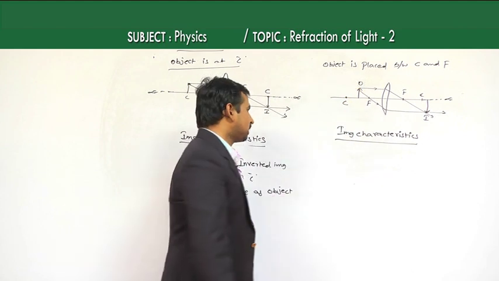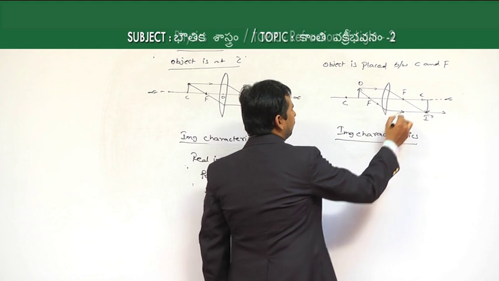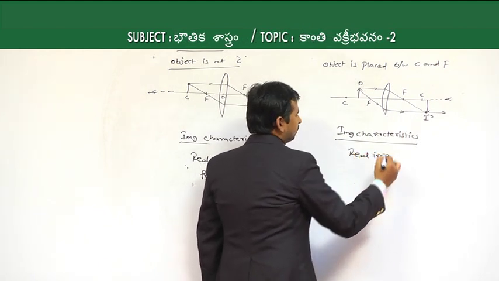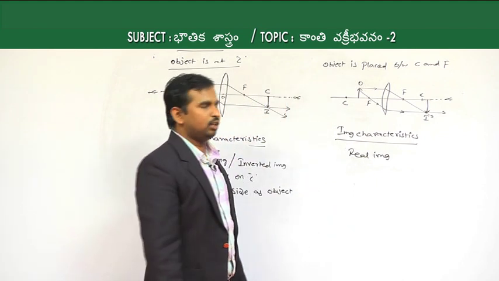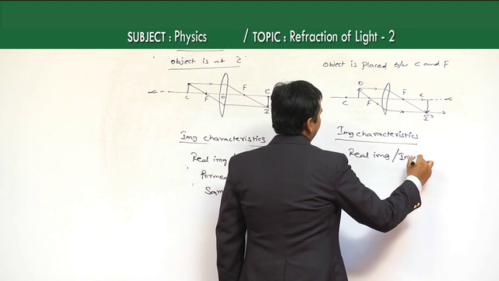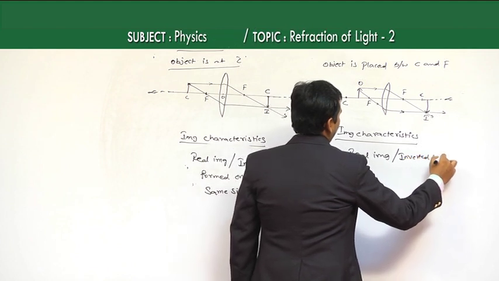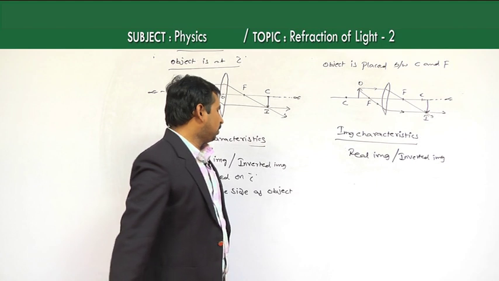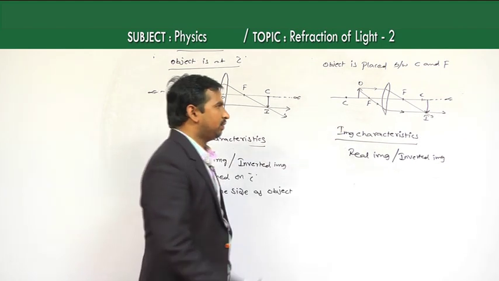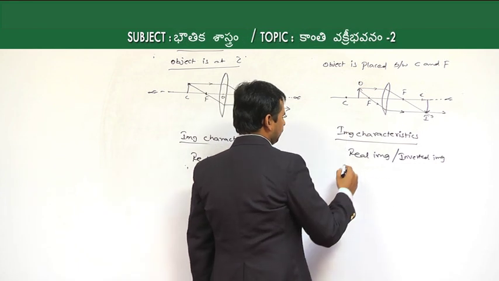So as the light rays are really meeting at a point, the image formed is a real image, and all real images are inverted images. Okay. Now here the image position is forming in between C and infinity, which is beyond C.